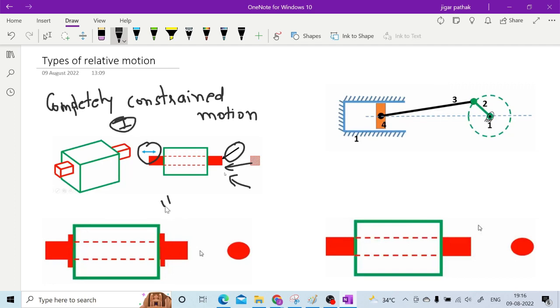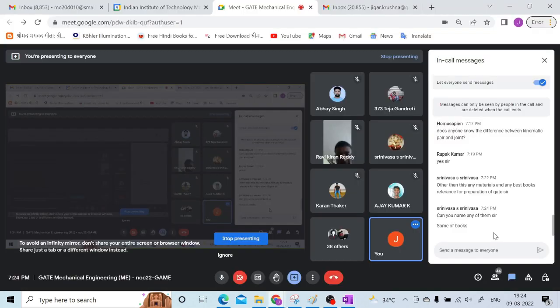If you go for this second one, here what happens is you have a circular shaft in... next is kinematic pair, as someone was asking, kinematic pairs and joints and all. Now in case of kinematic pair, there are various ways of classifying this kinematic pair.